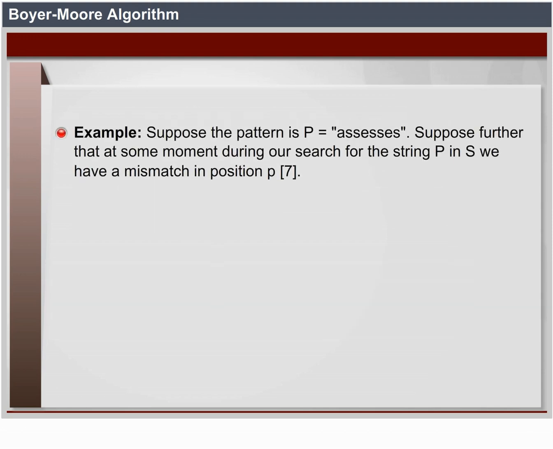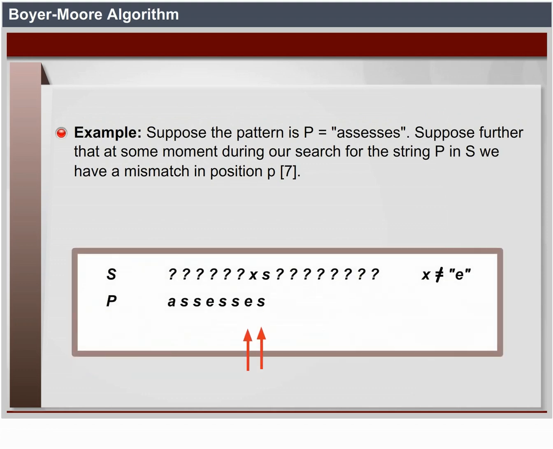Example: suppose the pattern is P equals ASSESSES. Suppose further that at some moment during our search for the string P in S, we have a mismatch in position P of 7.